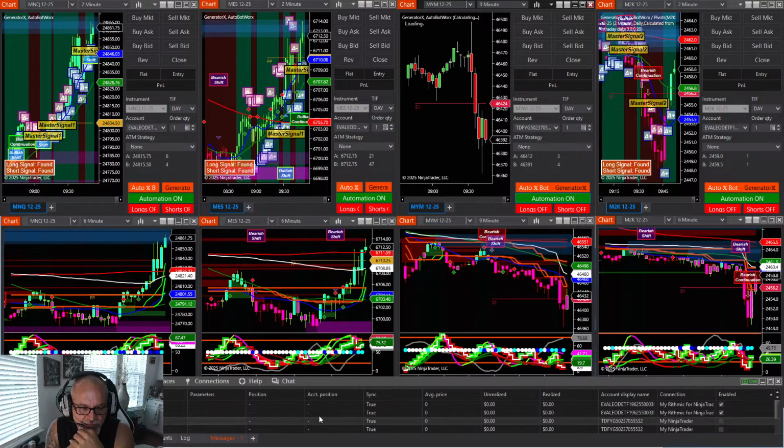All right, so we've broken through the 200 SMA on ES and NQ's 6-minute charts. It's been all up candles on the 6-minute chart since the open.